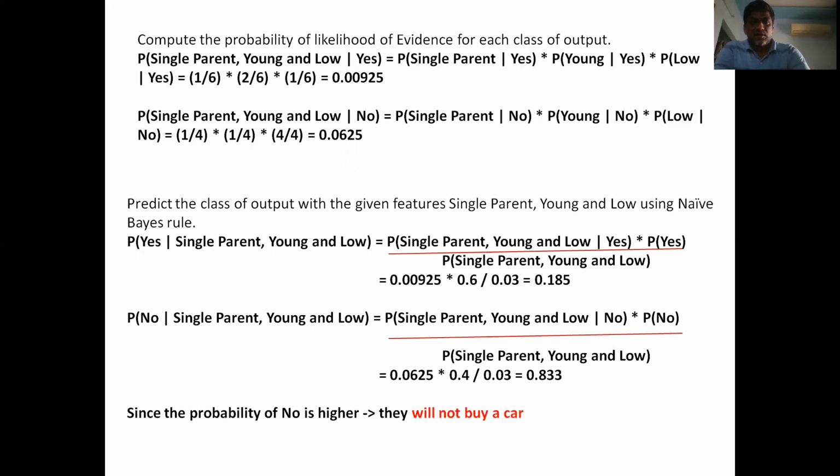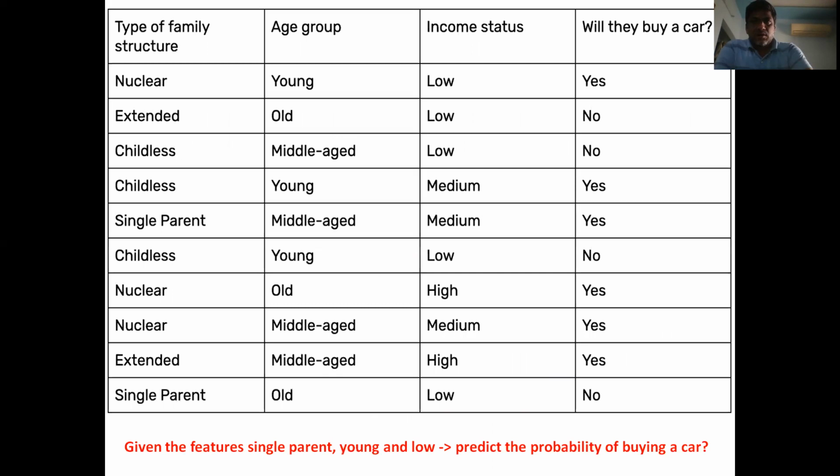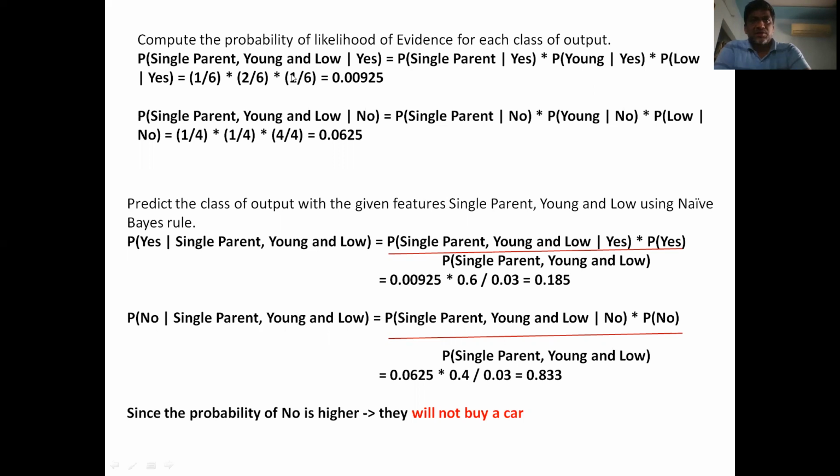There is only one low with yes. See, one low with yes, and all the remaining lows are with no's. Therefore, we'll take it as 1 by 6. Okay. So this gives us 1 by 6 into 2 by 6 into 1 by 6, and the value is 0.00925.